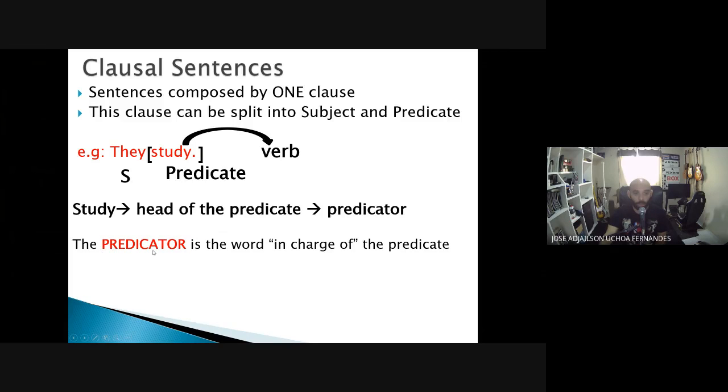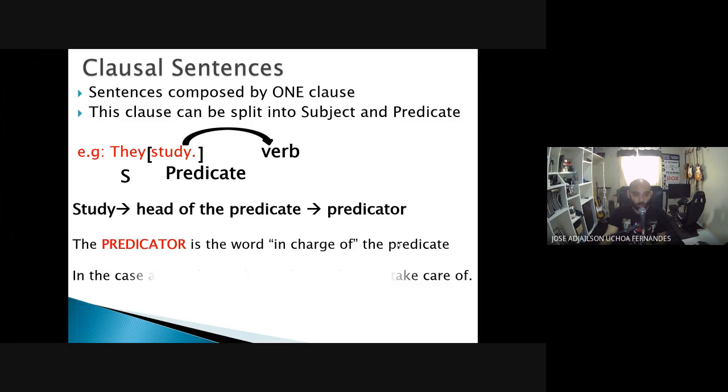So the predicator is the word, as in the video we have the explanation, the word in charge of the predicate. It's the most important word of the predicate. It's the head of the predicate. And the head of any predicate must be a verb. So inside the verb capsule, when we have those complex verb tenses like present perfect, in which we have an auxiliary verb and a main verb, the predicator will always be the main verb.